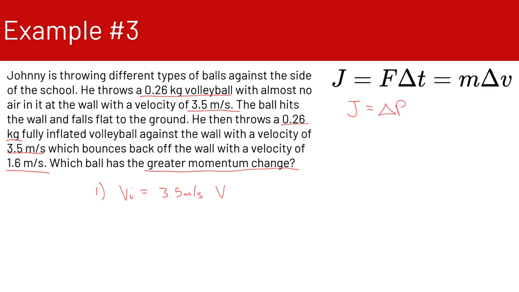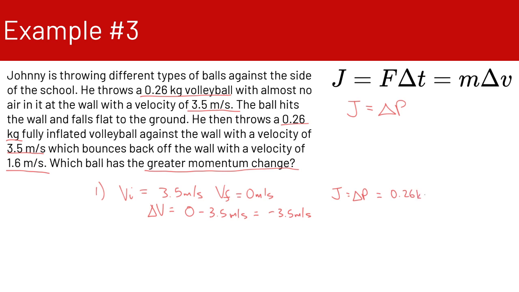The final velocity is equal to 0 meters per second. So our delta V then is going to be 0 minus 3.5 meters per second, which is equal to minus 3.5 meters per second.